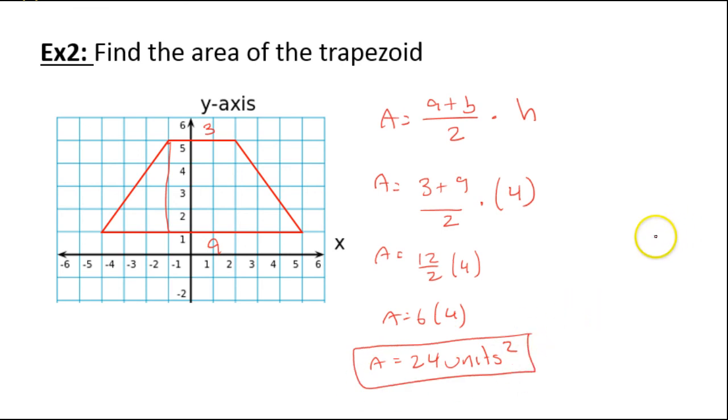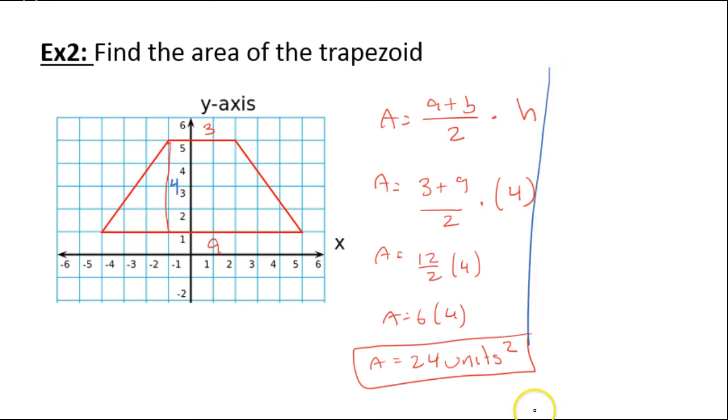To find perimeter, I would just need the slanted length here. To get the slanted length, again, you can use the distance formula, or some of you guys already know that it's derived from the Pythagorean theorem. So you know your distance is 4 here, and you know your distance is 3 here.